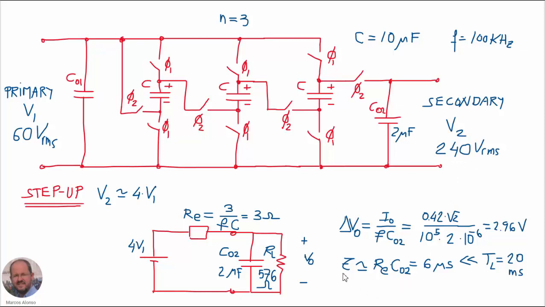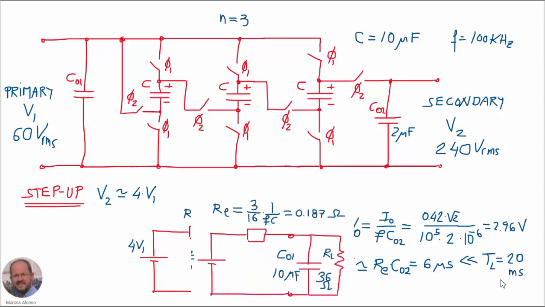And also, if we take a look at the time constant of our circuit, it is going to be only 6 microseconds, which is much lower than the period in our converter. The waveform that we are designing is 50 hertz, so the period is 20 milliseconds. So we have dynamics enough for reproducing this frequency.